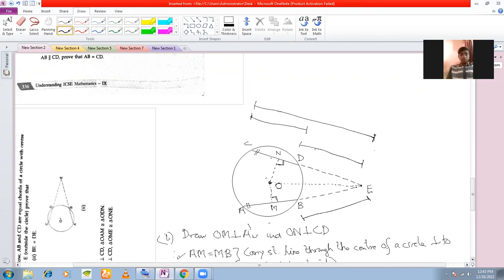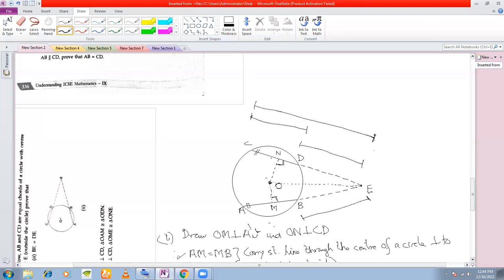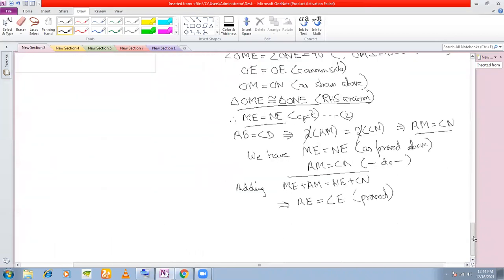So from the entire length CE, we are going to subtract the length of the chord CD. And again from the entire length of the chord AE, I'm going to subtract the length of this chord AB. So we start from what we have proved.